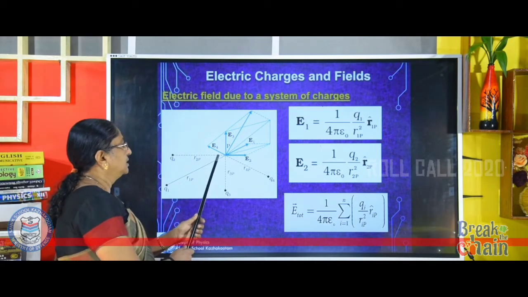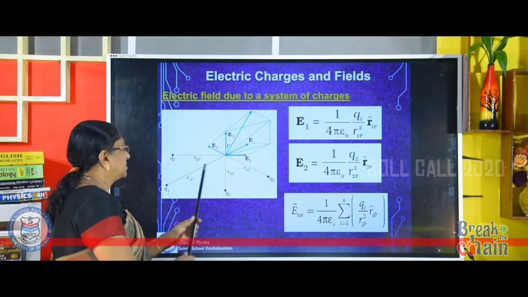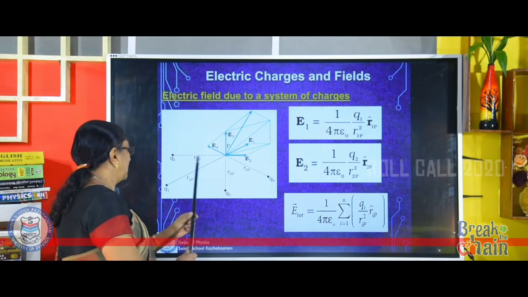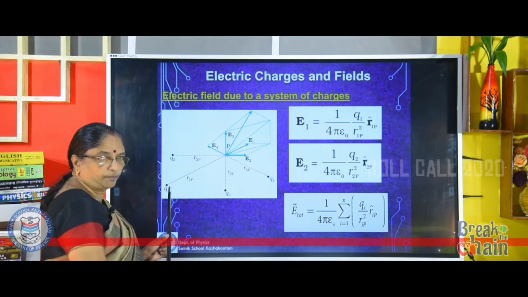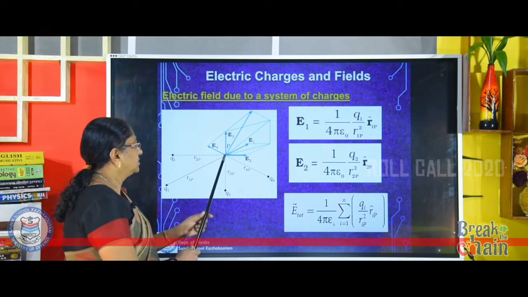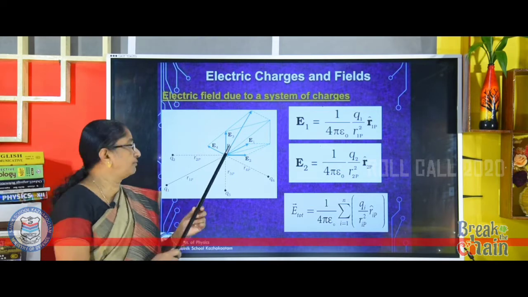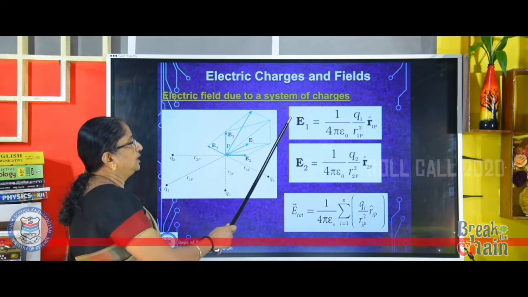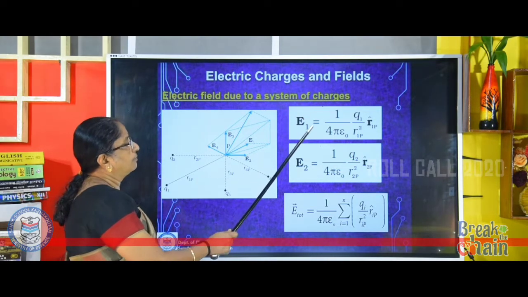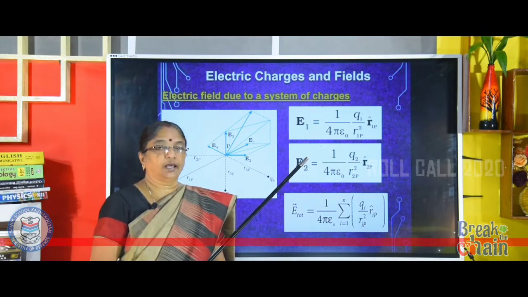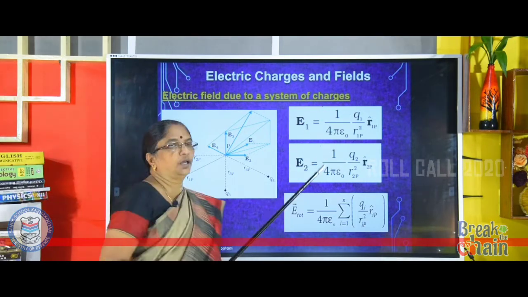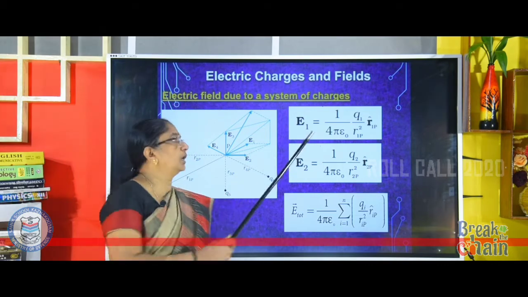See this? P is the point which is at a distance of r1P from the charge Q1. Similarly, the charge Q2 is at a distance of r2P from the point P. So, E1 can be written as 1 by 4 pi epsilon 0, or simply K, Q1 divided by r1P square, r1P cap.